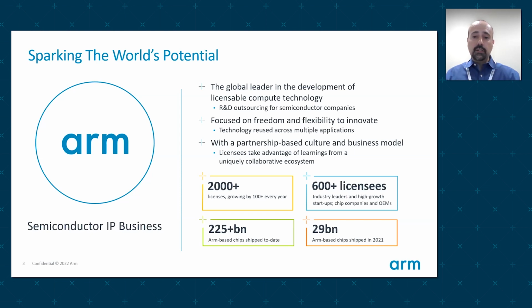A key tenet of our architecture is energy efficiency. Energy-efficient processor designs and software have enabled advanced computing in over 190 billion chips since Arm's inception in 1990. We've now delivered over 29 billion Arm-based chips shipped since the end of 2021, and we're not stopping there.